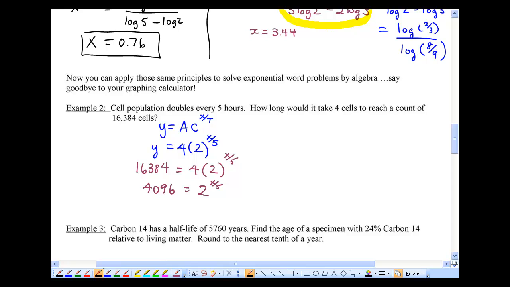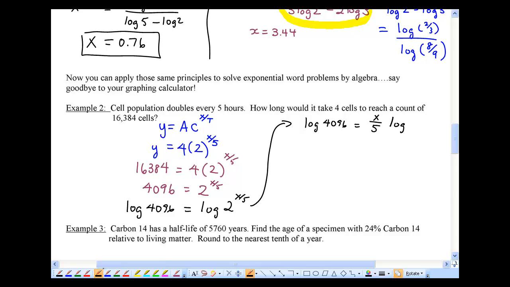And then now to solve, I'm going to ask you to take log on both sides. So log of 4096 equals log of 2 to the power of x over 5. The log of 4096 stays the same, but I can bring down my x over 5. In this case, I'm actually going to solve for x over 5 first, just because I think it's a little bit nicer. So let's take log 4096 divided by log 2.